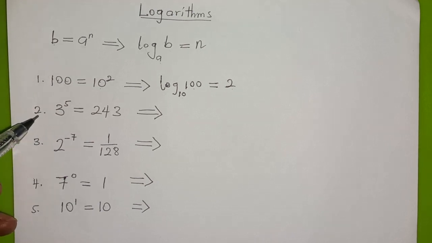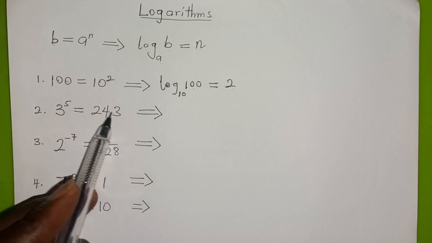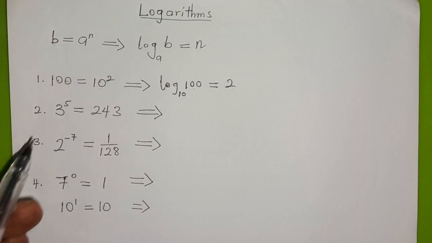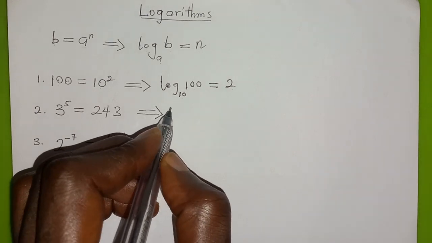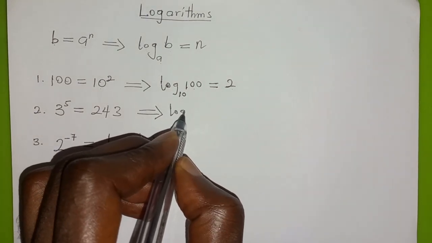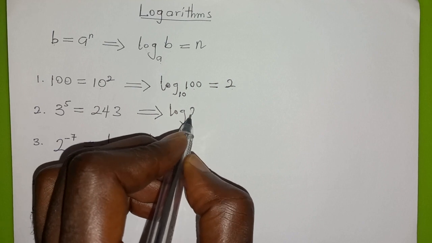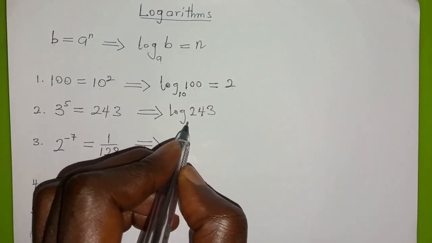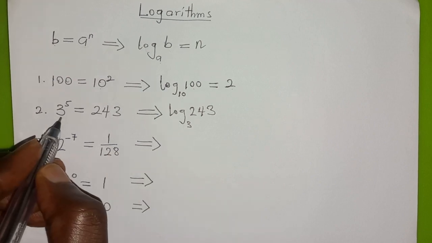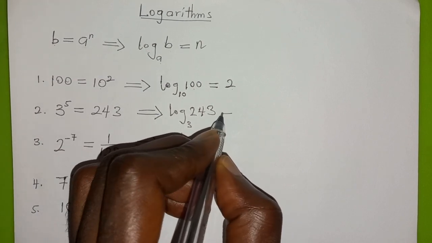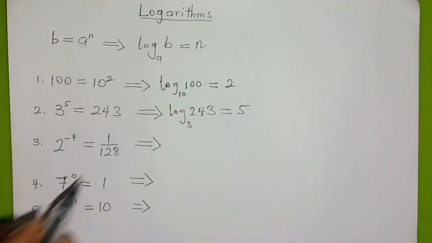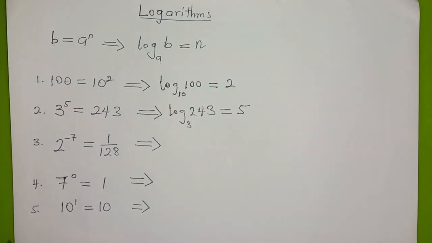The first and the second example, the only difference is that I interchange the positions, but it is the same thing. So over here, this is going to be log of 243, and the base is going to be 3. This is our base, and the result is going to be the power, which is 5. As simple as that.